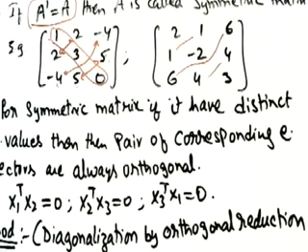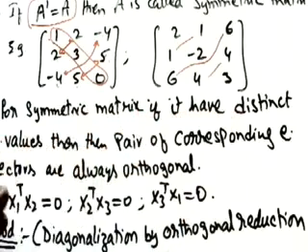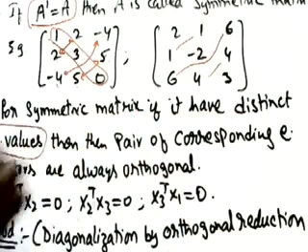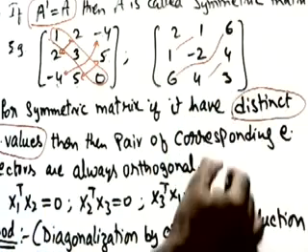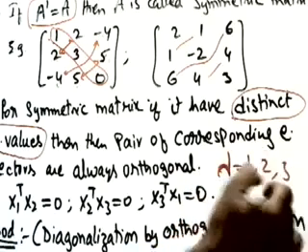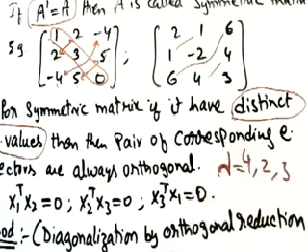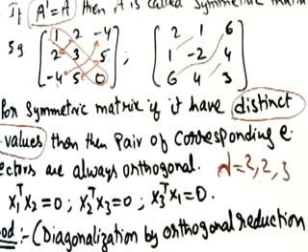Now this is a very important step for a symmetric matrix. If it has distinct eigenvalues, meaning different eigenvalues, that is all the values of lambda are different, suppose 1 2 3 or 4 2 3. If we get any two values equal, then the method will be changed.